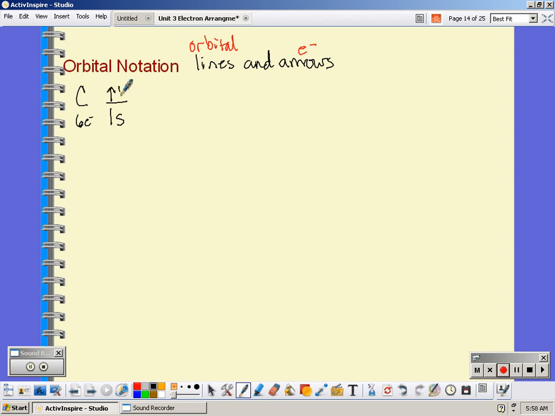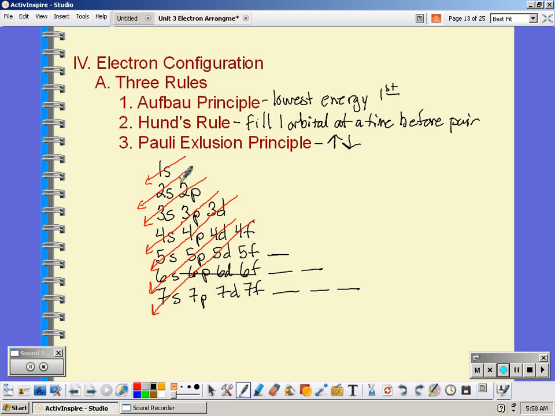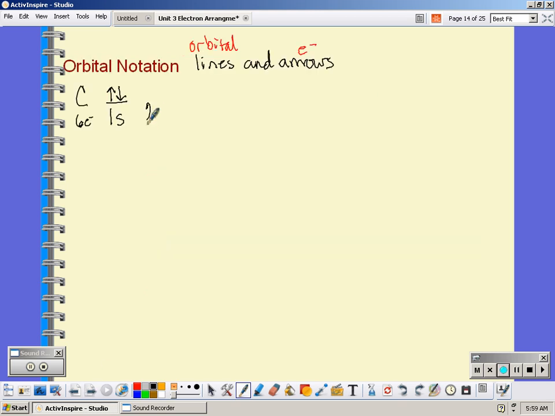So I have 2 arrows, 2 electrons, I need 6. So after the 1s, we'd read the next diagonal, 2s. The s sublevel has one orbital. It doesn't matter what energy level you're on, the s sublevel has one orbital. Each orbital can hold 2 electrons. So now I'm up to 4 electrons and I need 6.